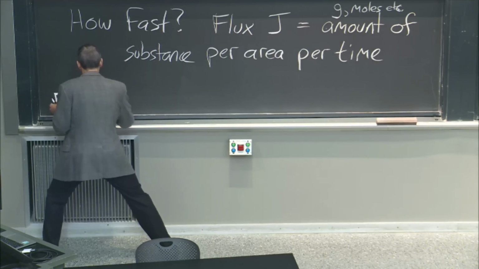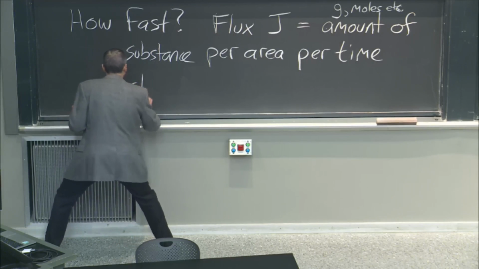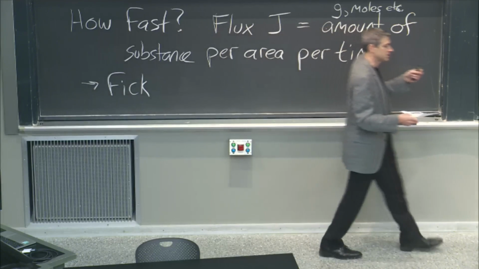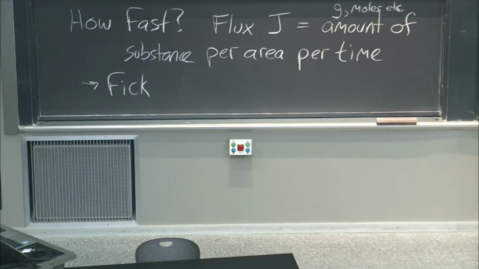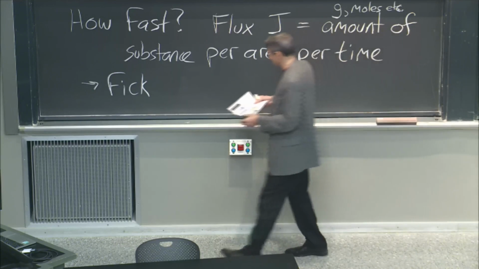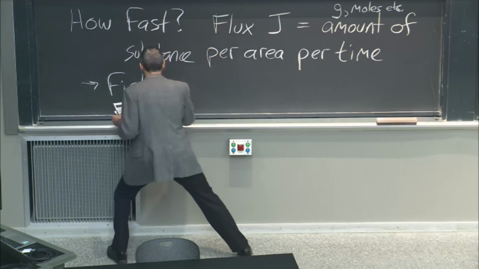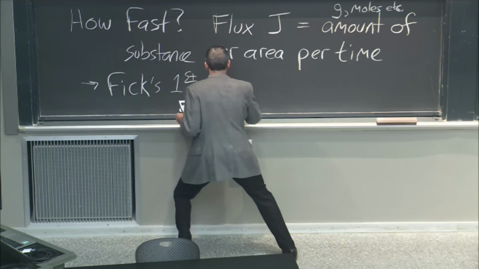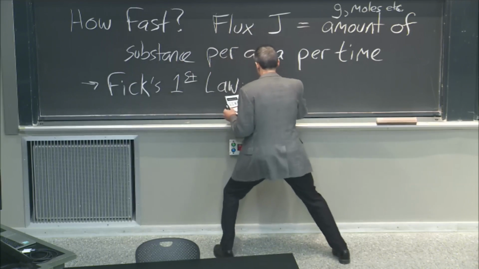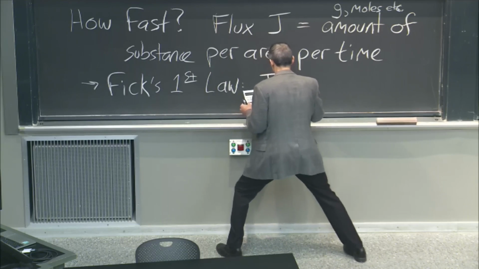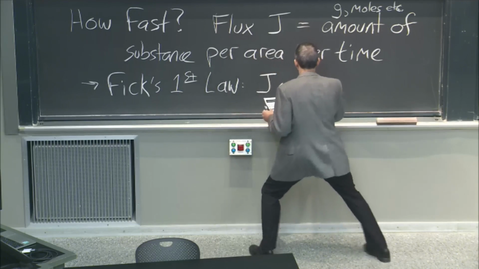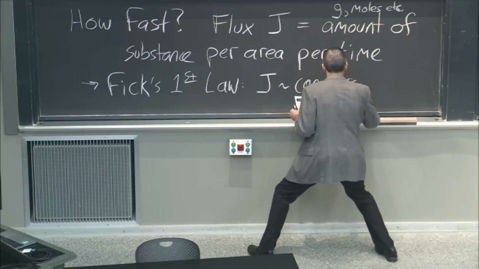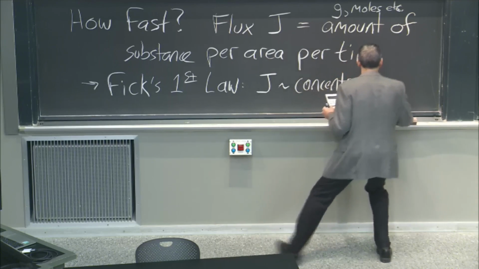And so this is what Fick's law gives us. This was first established. How do you get a dependence of this flux? And again, we got this constant in there, and Fick's first law is all about that. Fick's first law says that this flux is proportional to, and I'm just going to write it like this for now, the concentration gradient.